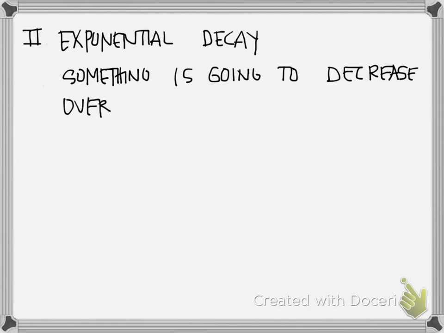So the growth rate here is going to be a negative value. If the growth rate is negative, my formula is going to change, because remember, decreasing means minus, right? So my formula is going to change for my exponential decay.